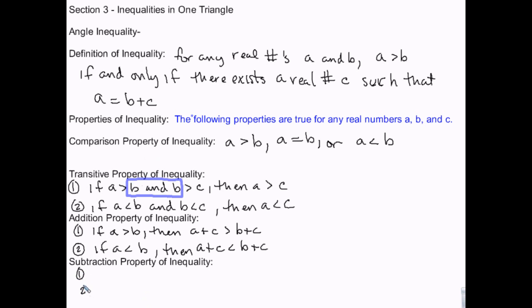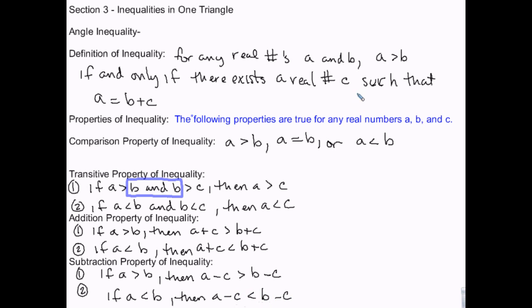Which is also true for subtraction. I can subtract the same thing from both sides and it won't change the truth. So as long as I'm doing the same thing to both sides with these, the truth is still the truth.